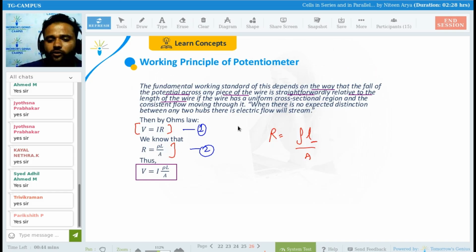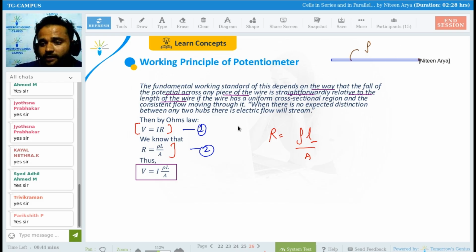And for any particular wire, suppose you take this particular wire. Once you make this wire, beta, the resistivity, because the material you choose already, and the area, because you fix the radius, these two are going to be constant.